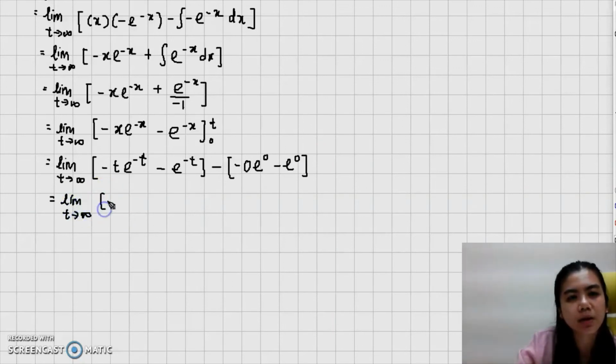Just leave it that way and simplify this. Basically this is 0, and we have a minus 1 here. This comes from e^0, and it's actually minus 1. So minus minus will give you a positive 1, right?